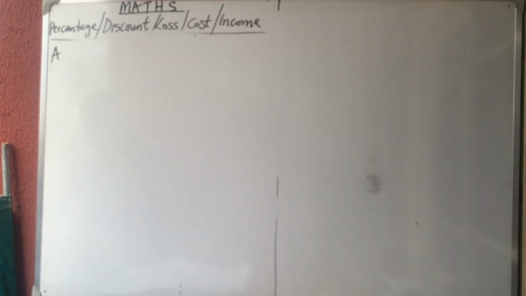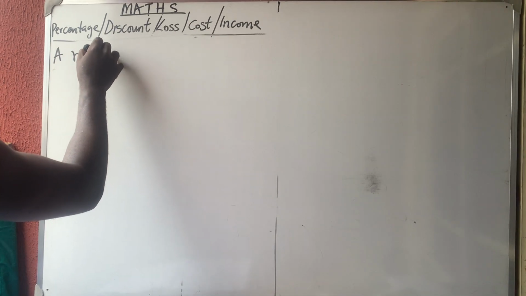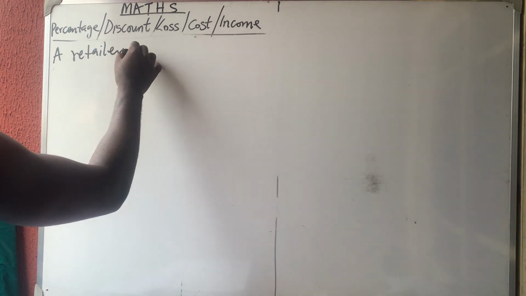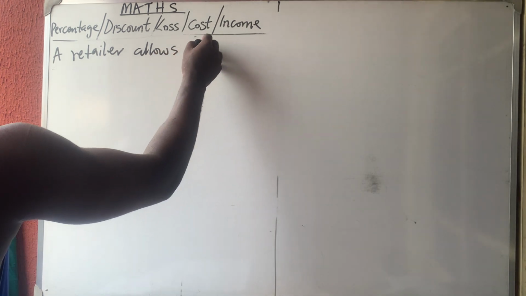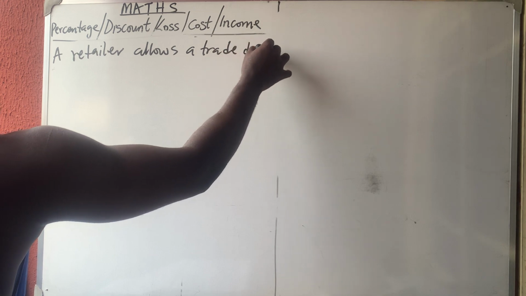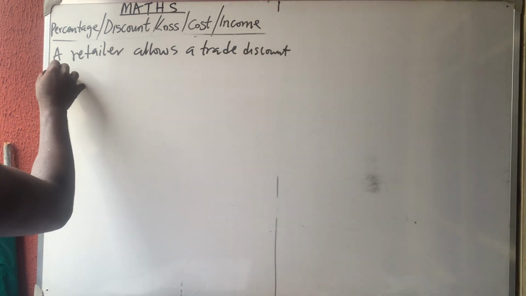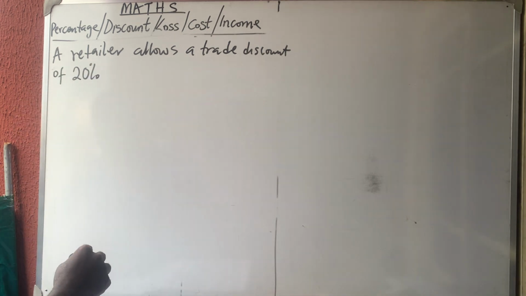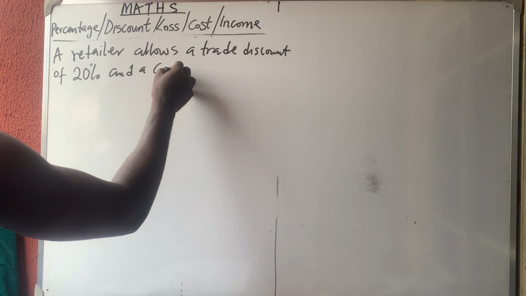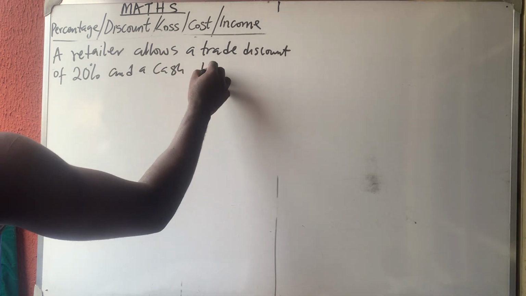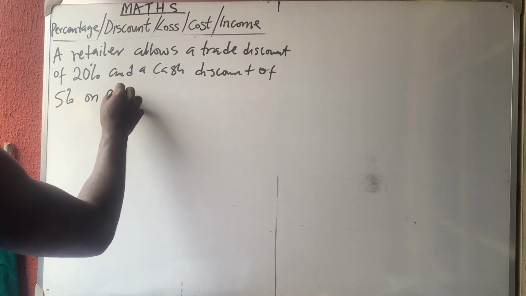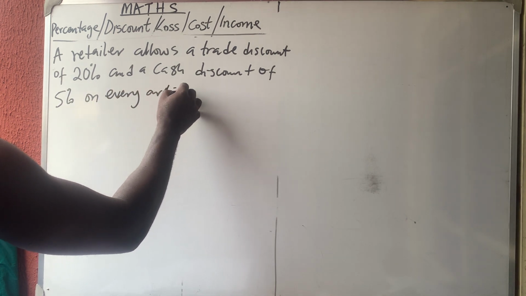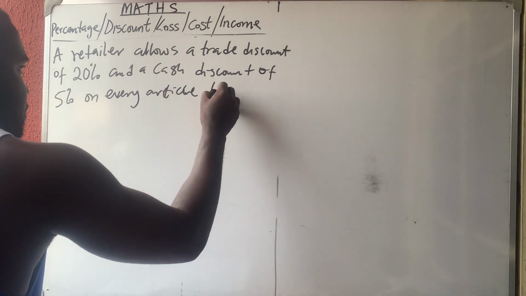The next one, a retailer allows a trade discount of 20% and a cash discount of 5% on every article he sells.